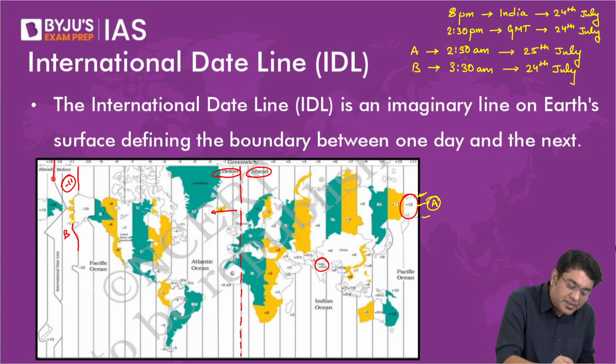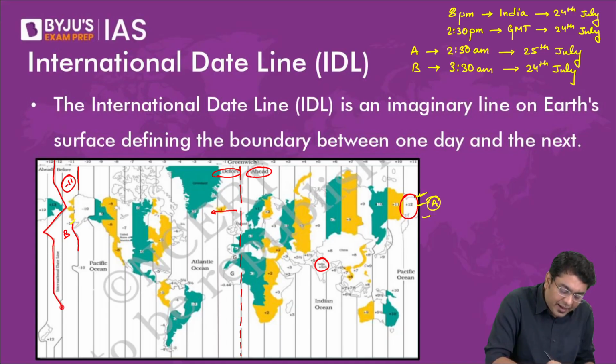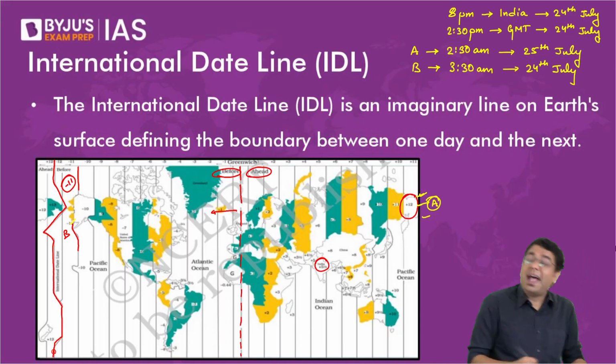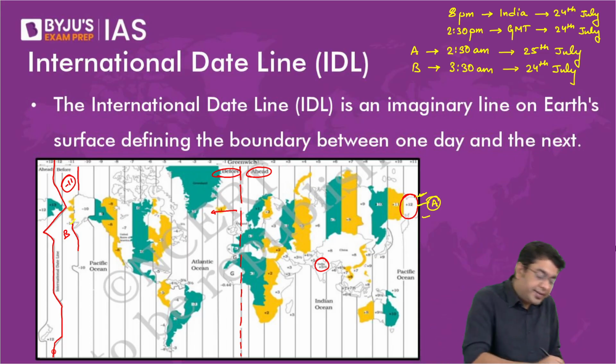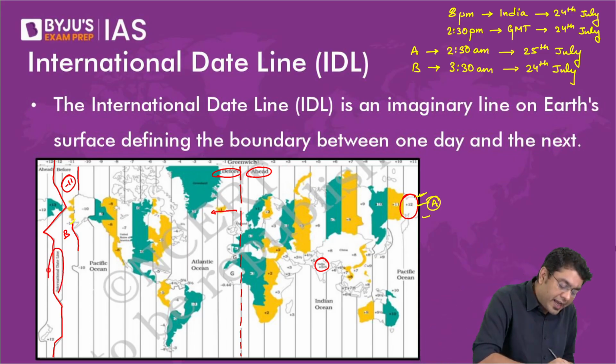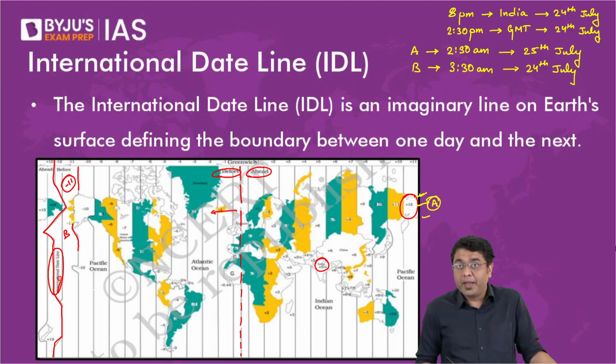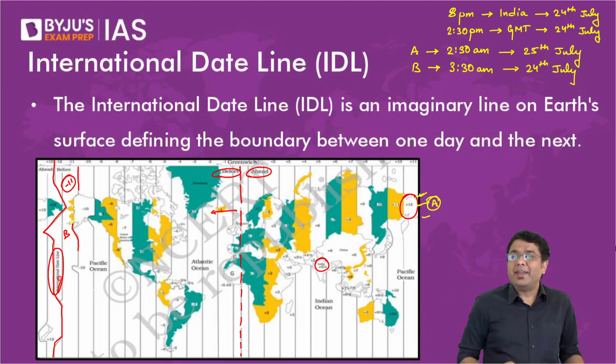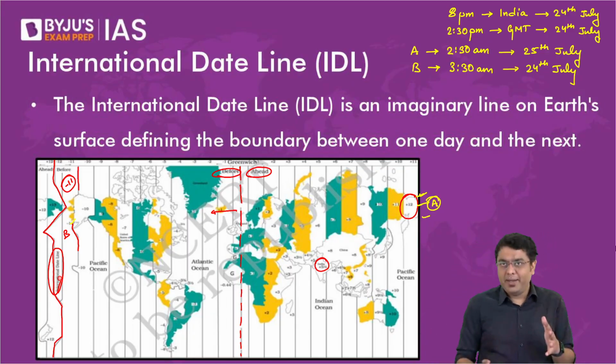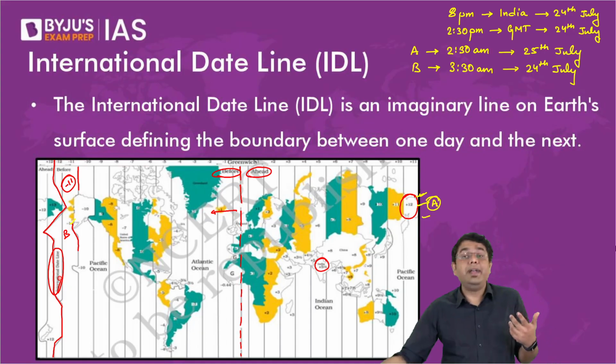And that imaginary line is not a straight line, it is a zigzag line. That imaginary line is referred to as the international date line. Okay, that is known as the international date line. It distinguishes one date from the other one. Why is it not a straight line? Why is it zigzag?